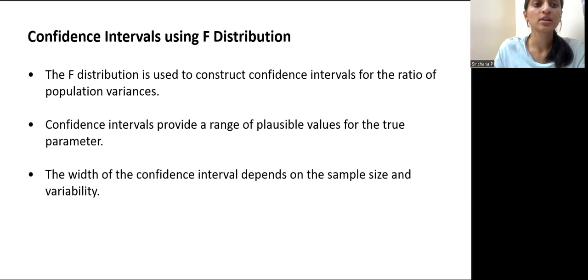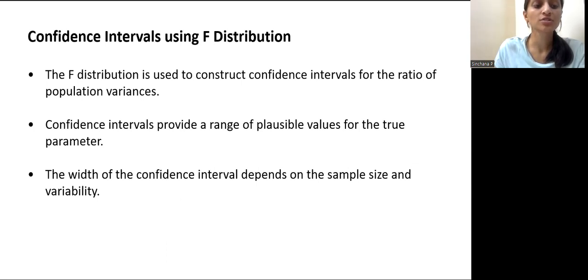Understanding of the test and the assumptions requires some level of statistical knowledge. Less intuitive. Unlike a simpler test like a t-test, which compares means directly, the F test compares the variances indirectly. The indirect comparison may be less intuitive for some users, leading to difficulties in understanding and interpreting the results.